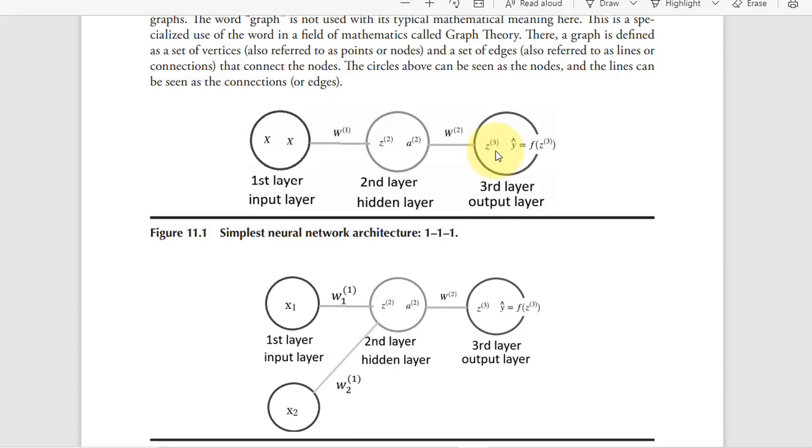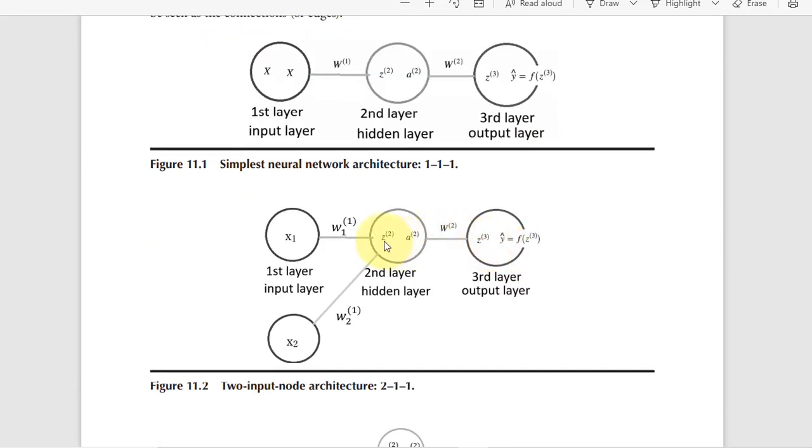And then we're going to do the same thing again. We're going to take this and put it into a sigmoid function, and we're going to get something out, which we're going to label y hat. Same thing here. We'll take this, put it into sigmoid, get this, multiply this times this, get this, then put this into a sigmoid function like this, and we'll label that output as y hat.